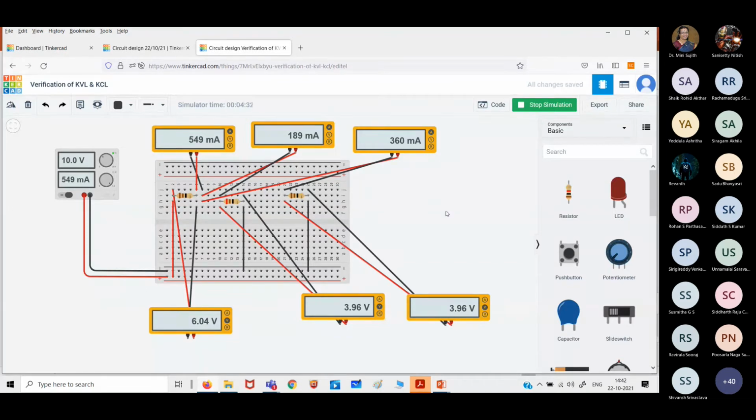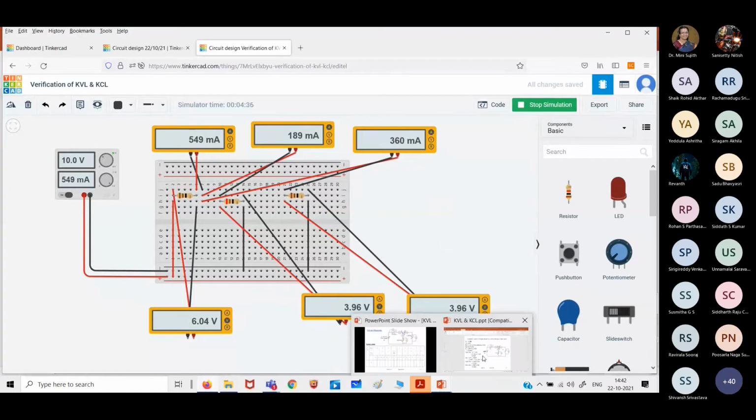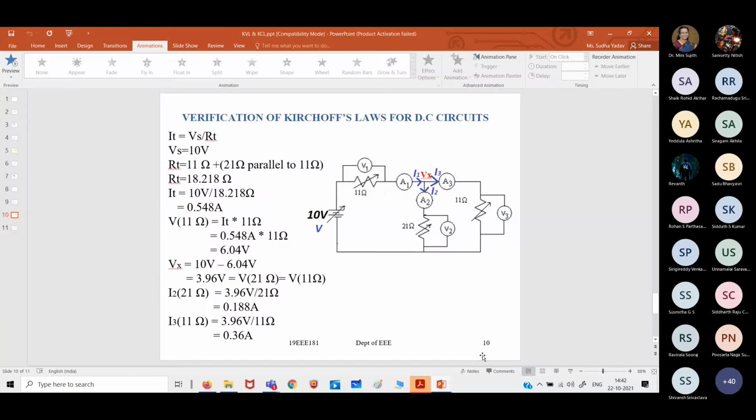Ma'am, can you show the calculation once again? I can show you, but you also need to do it. KCL calculations. I'm not sure if current division is completed for you, but you can cross verify that way also. You will get the same values.